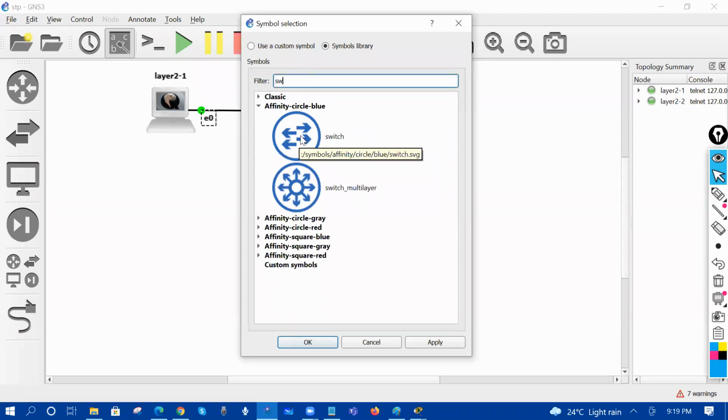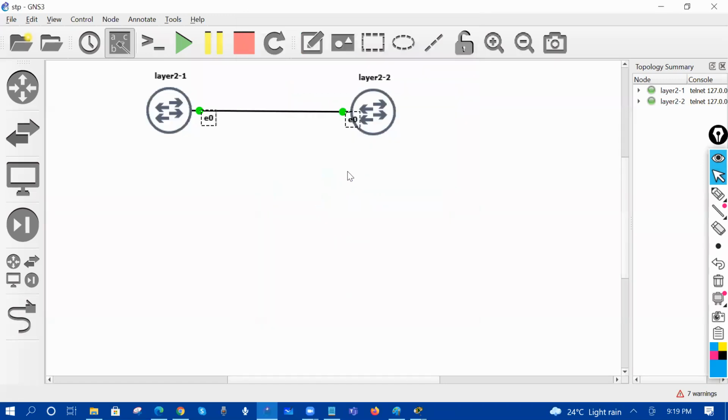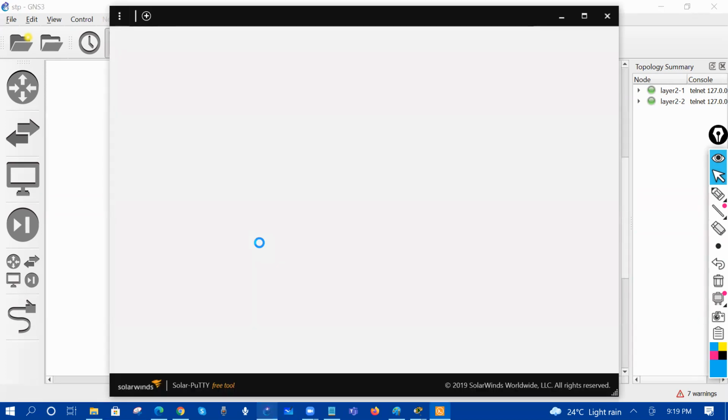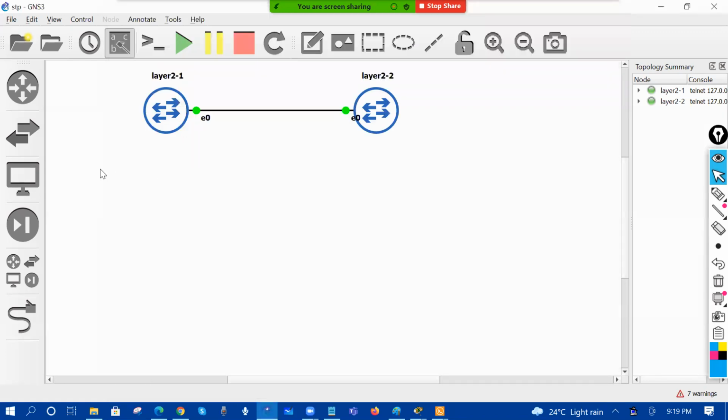So now if you have a look at this switch one.